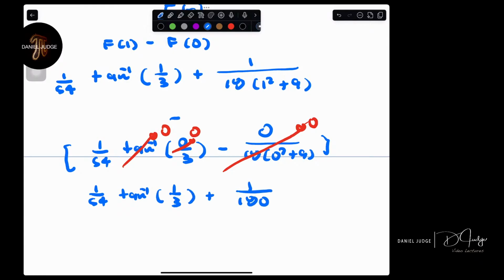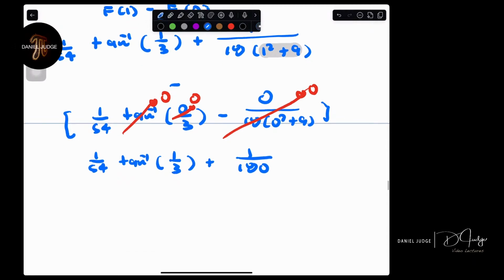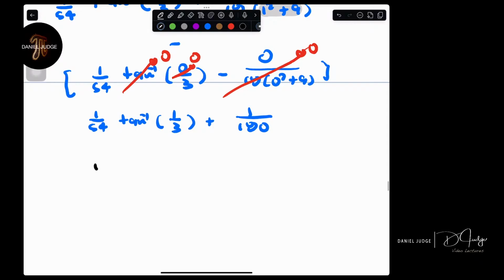And it looks like that's going to be 180, and there's no c anymore. So remember down here, 1 squared plus 9 is 10, and 10 times 18 is 180. So I'll write it. Final answers. I'd like to do this. Let's do this in black here.